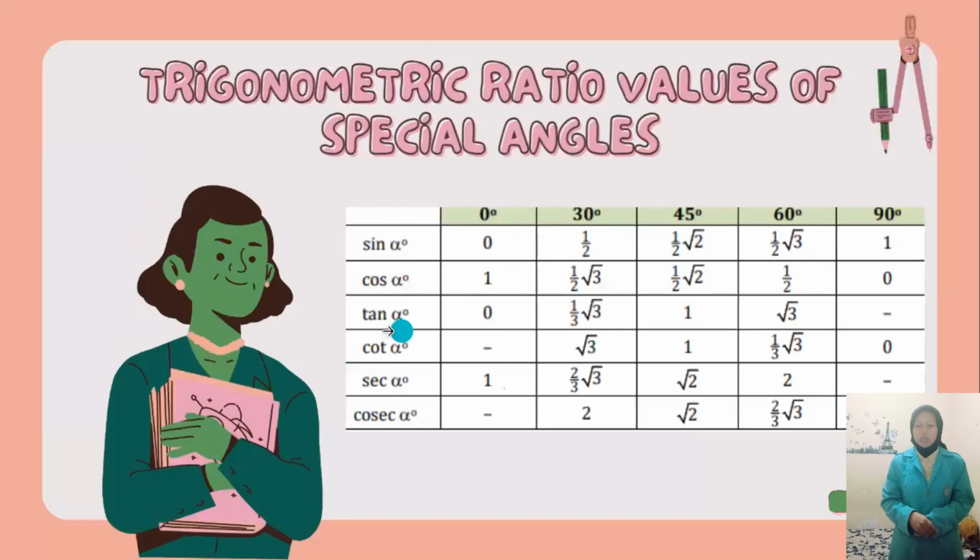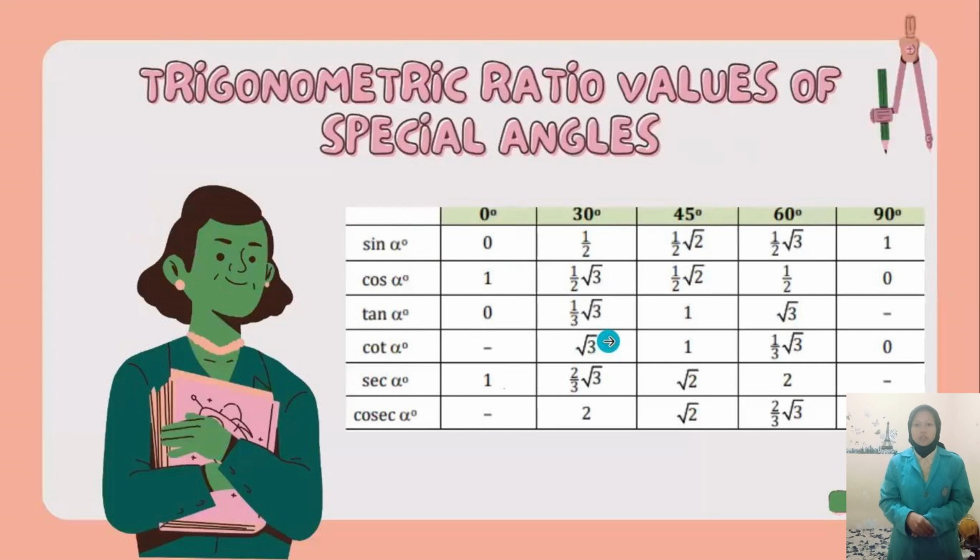Next, tan 0 is 0, tan 30 is 1 over 3 square root 3, tan 45 is 1, and tan 60 is square root 3, tan 90 is undefined.